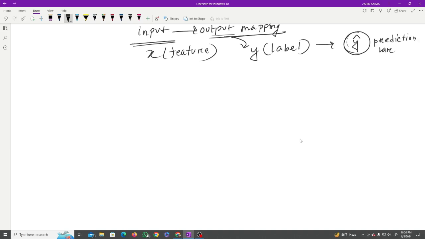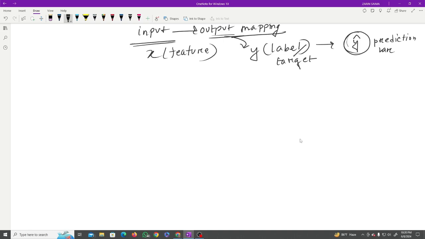So you can also call this Y as target. It might seem a bit confusing at first, but trust the process. I will make things easier for you. And so this is Y, this is X, Y.